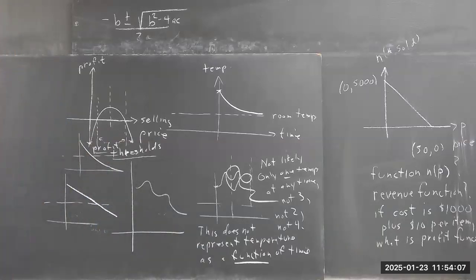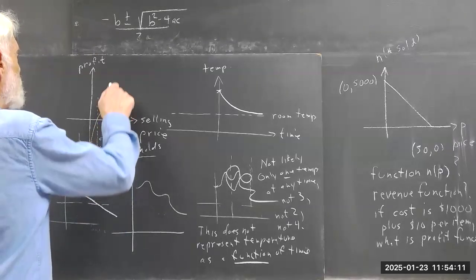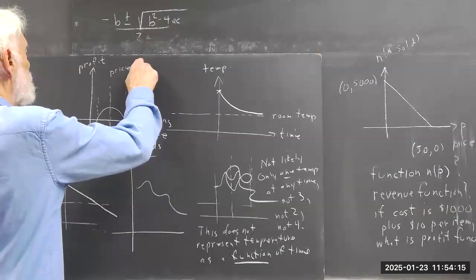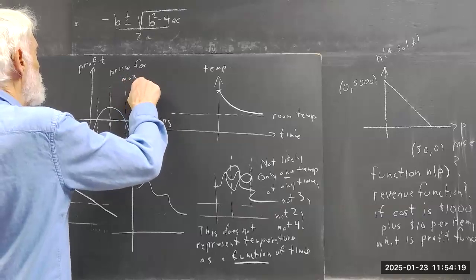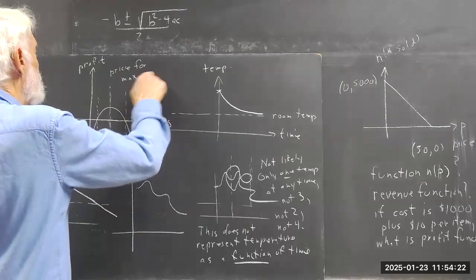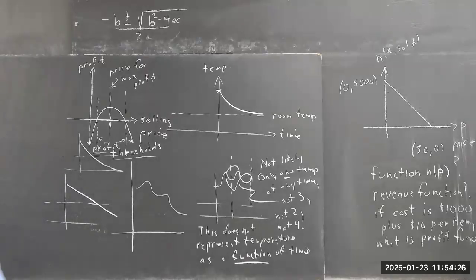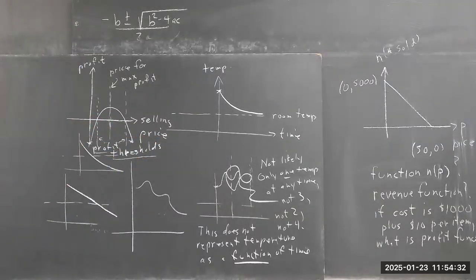So this line is the line where you get the price for the maximum profit. If you've got a scale on this graph, you just read that point.